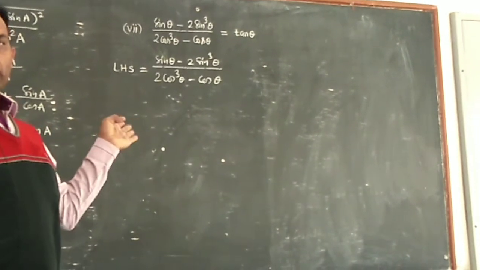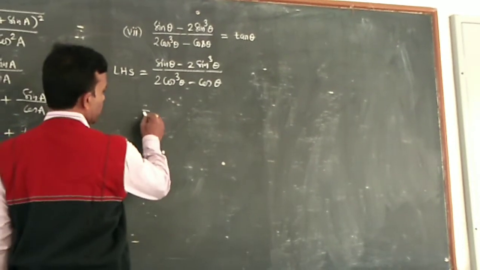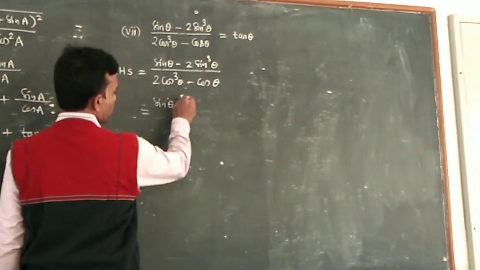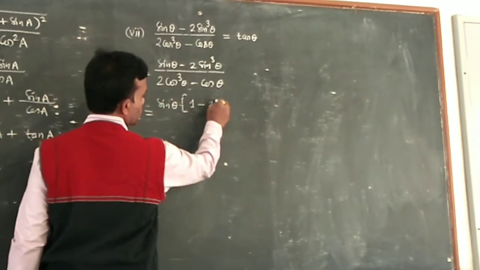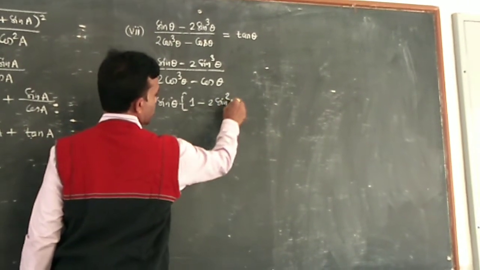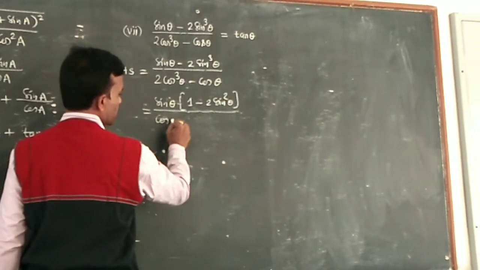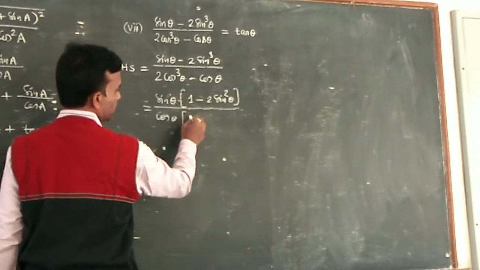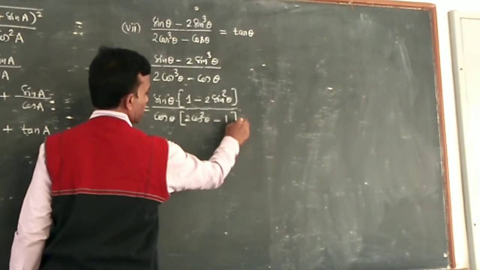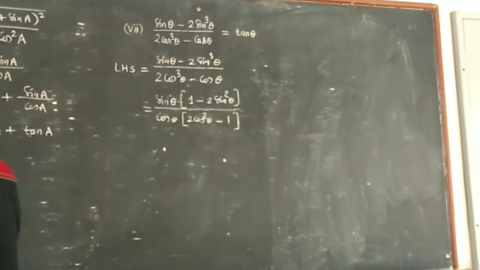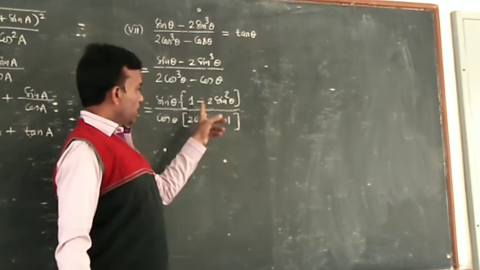First term you have sin, second term also you have sin, so taking it common, sin theta here in the numerator. What is remaining if sin theta is common? 1 minus 2 sin square theta. Similarly, in the denominator cos theta is taken common, then here 2 cos square theta minus 1. But now sin by cos you get tan theta.